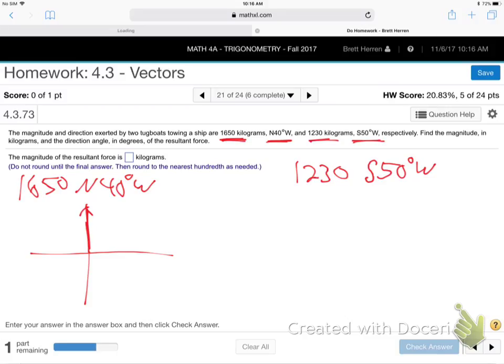So north, 40 degrees west. We good on that?